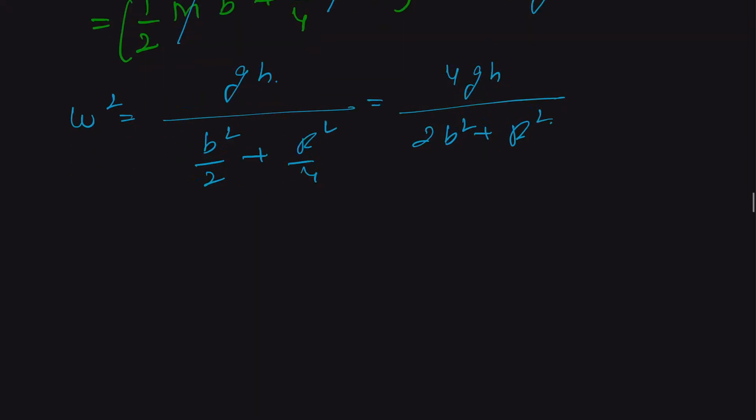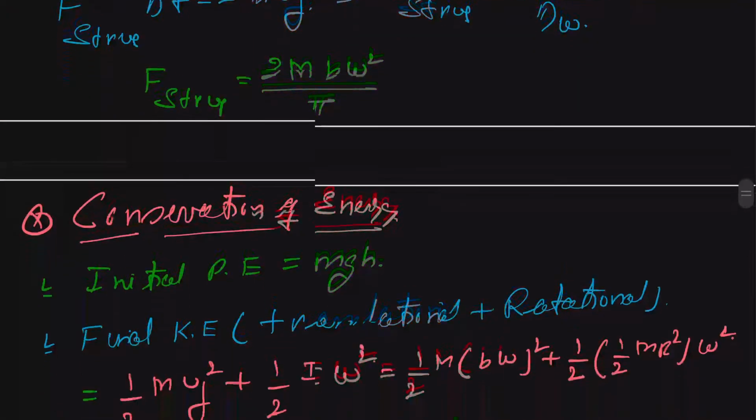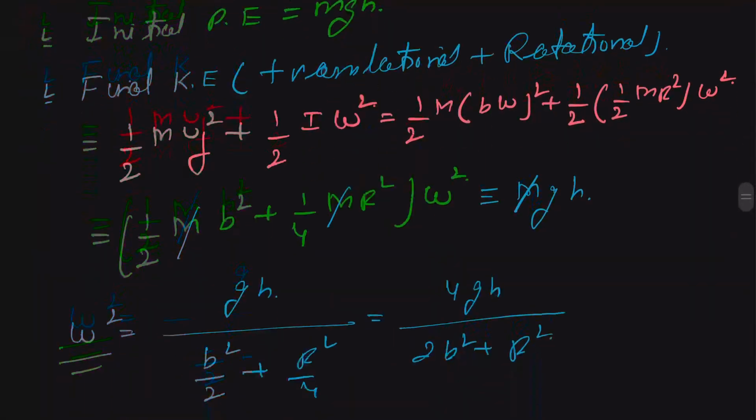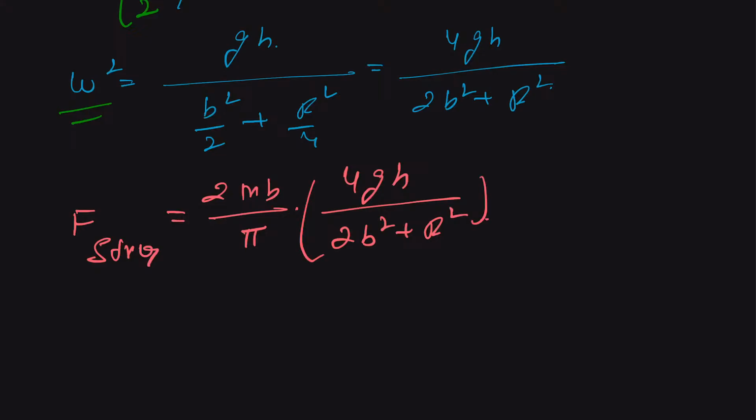So we substitute the value of omega square in our f string. Force on the string will be equal to 2mb upon pi multiplied by 4gh upon 2b square plus r square.